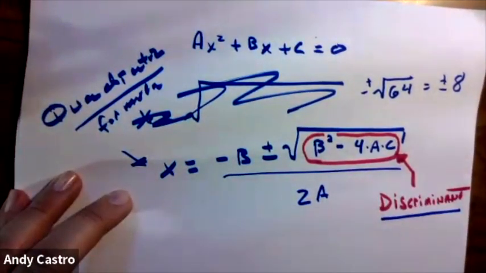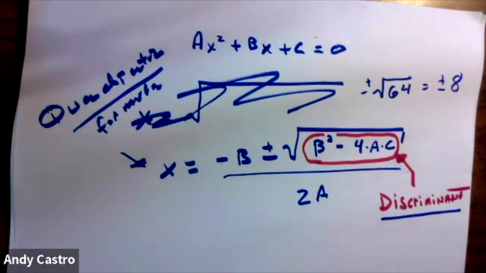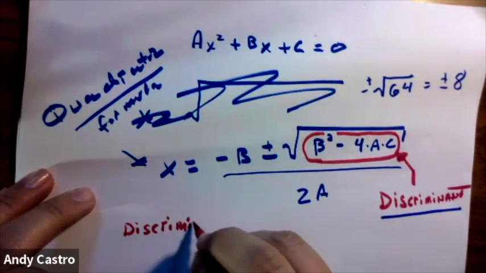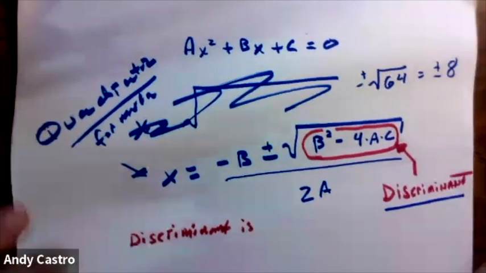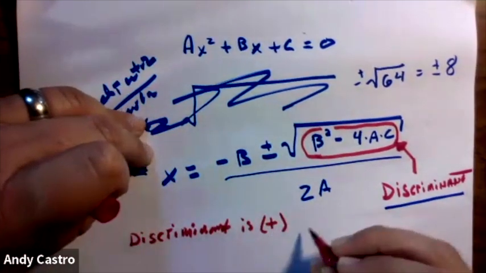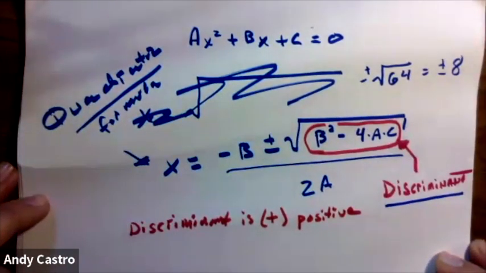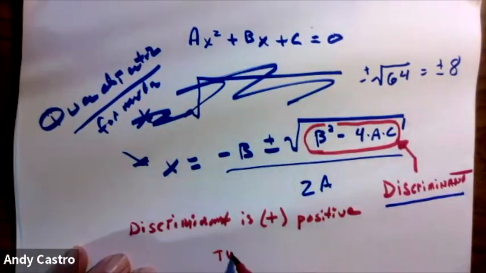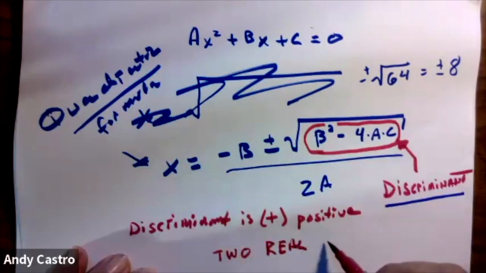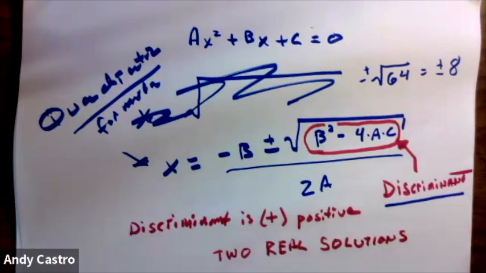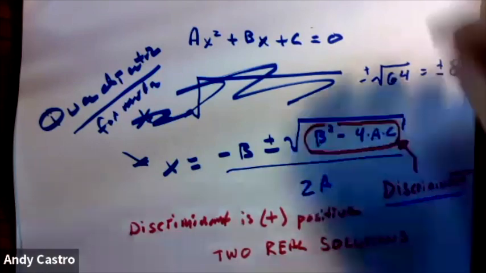So if the discriminant is positive, what that tells us is there are two real solutions. Okay, two real solutions.